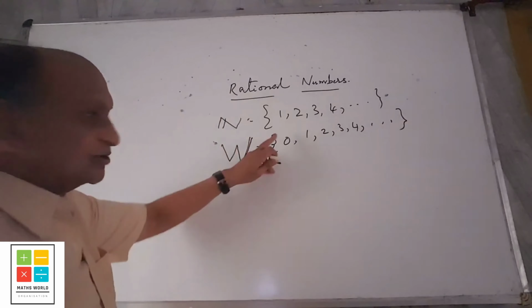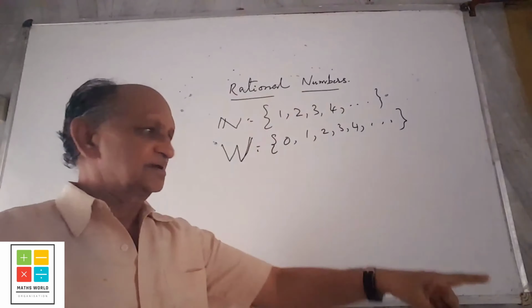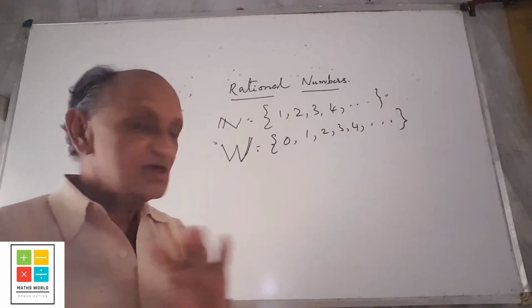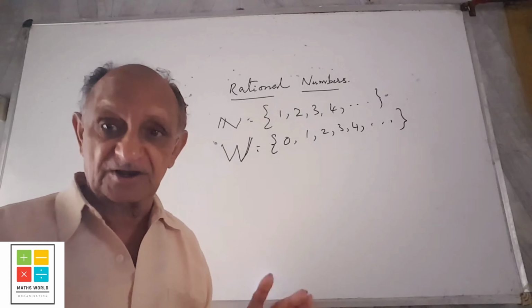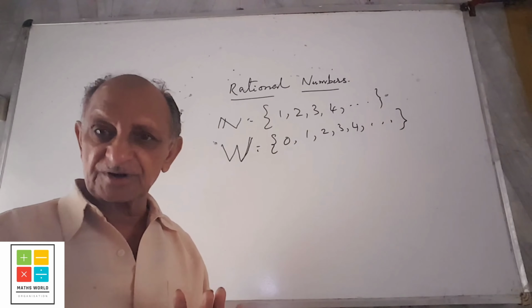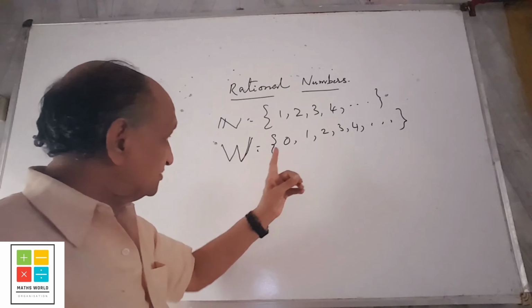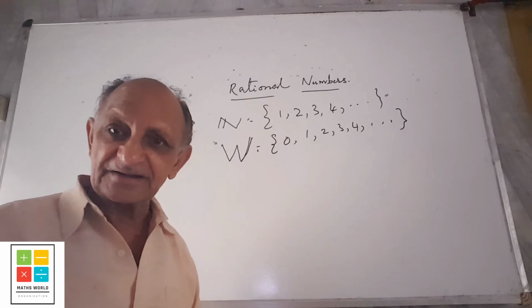Remember here, natural numbers are counting numbers. We start with counting number 1, number 2. We don't say 0, 1. So, 0 does not come in the set of counting numbers or natural numbers. In whole numbers, 0 is a whole number, and no negative numbers are included. It starts with 0, goes on up to infinity.